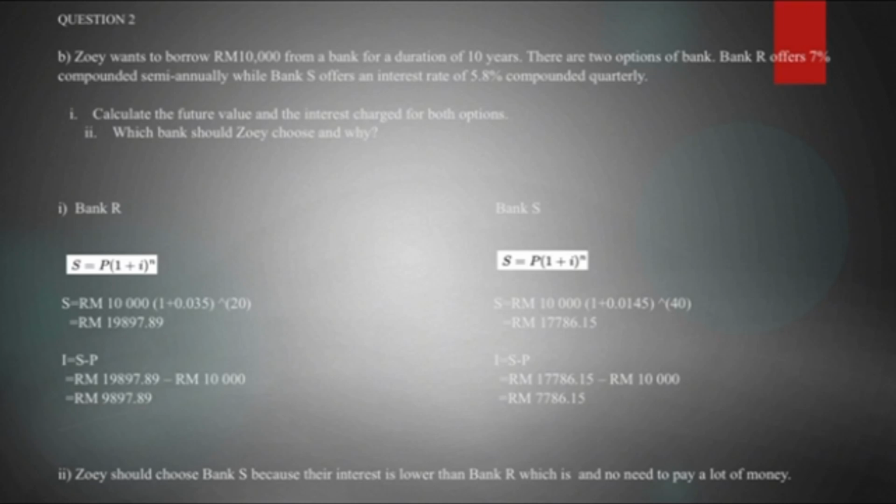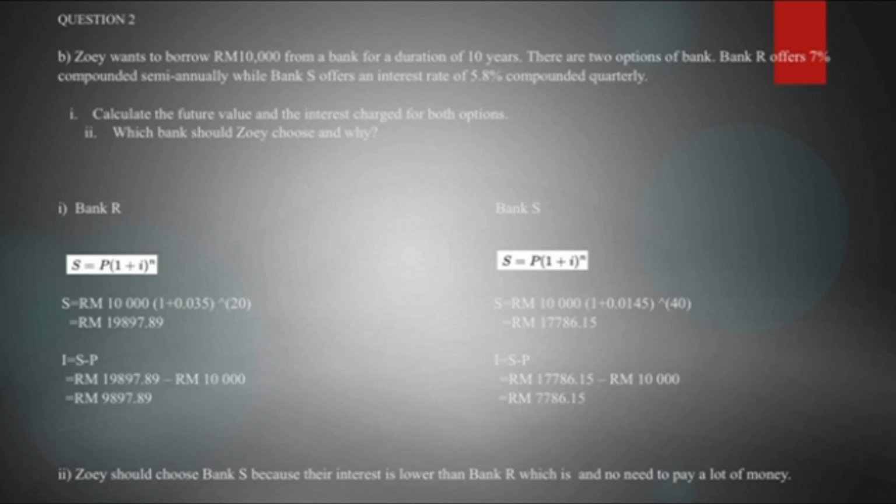After this, we want to find the interest of Bank R. The formula I use is I equals S minus P. We write the answer of S, which is RM19,897.89 minus 10,000. The answer is 9,897.89.